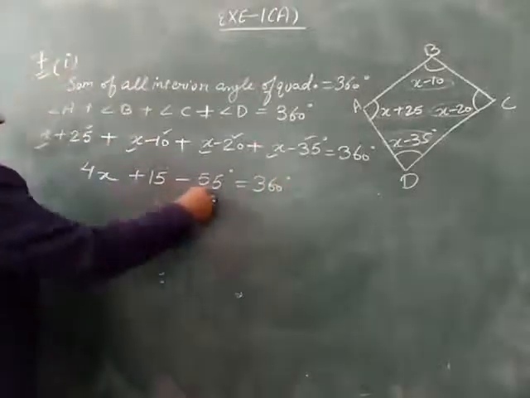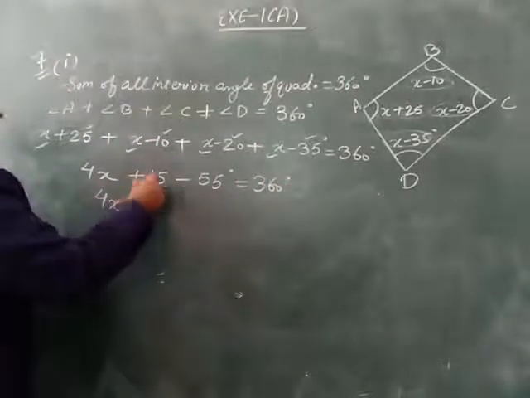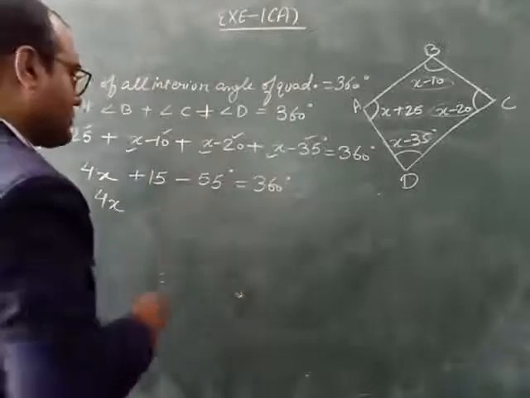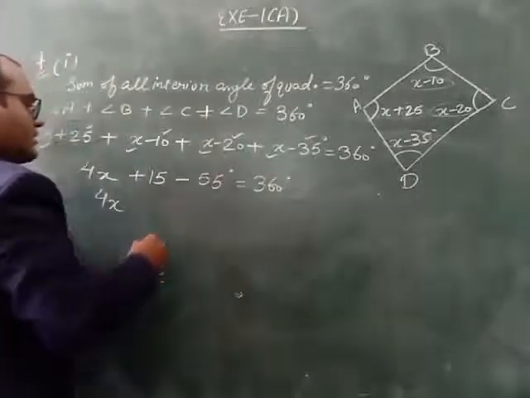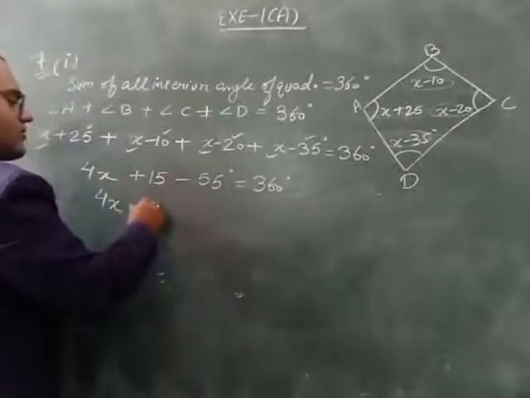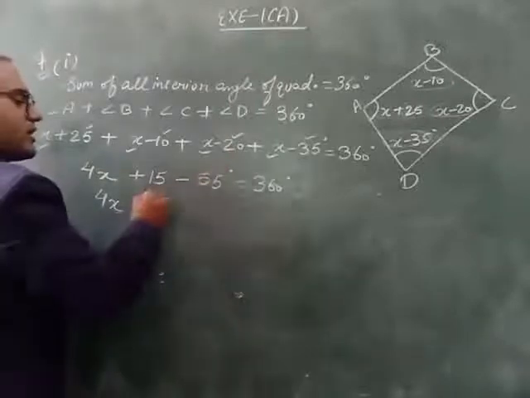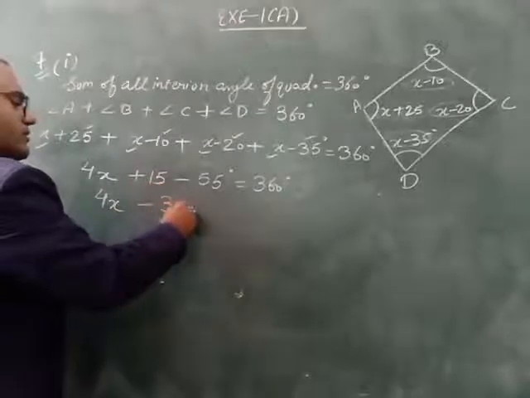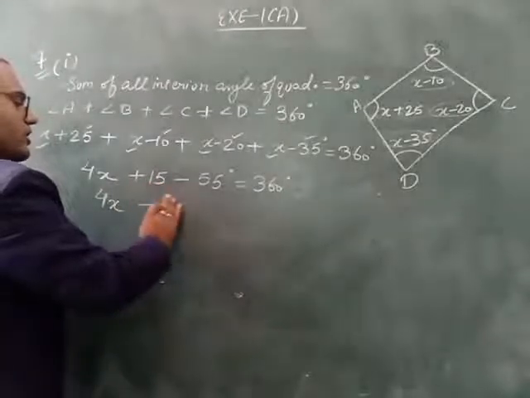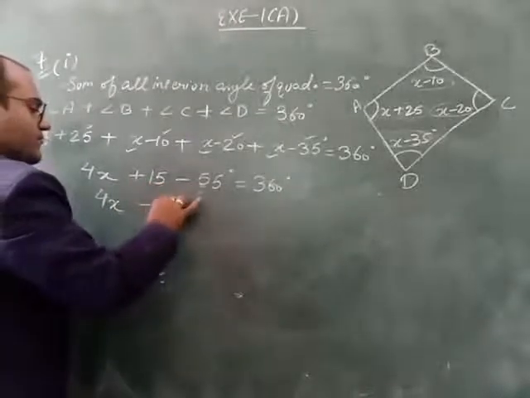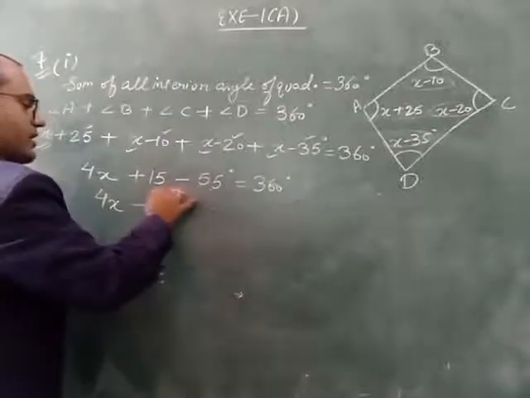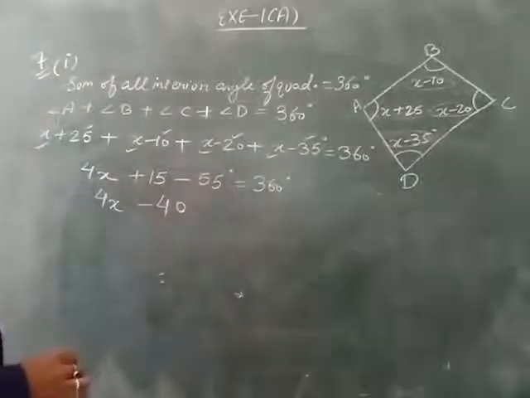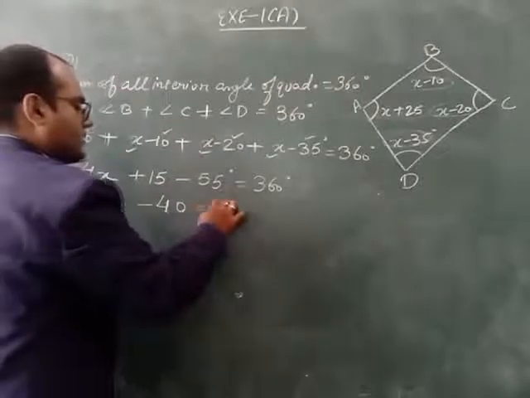Now we will solve these two terms. Plus 15 and minus 55 we have to subtract, and because the greater one is negative, we put a minus sign. We get minus 40. So 4x minus 40 is equal to 360.